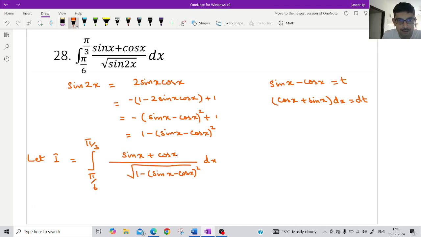Now for changing the limits, when x equals pi by 6, t will be sin pi by 6 minus cos pi by 6, that is 1 by 2 minus root 3 by 2, and when x equals pi by 3, t equals root 3 by 2 minus 1 by 2.